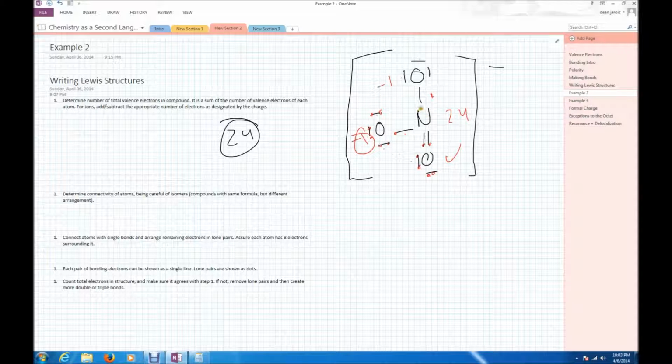The nitrogen has a formal charge of +1 because we got 1, 2, 3, 4, no lone pairs. So these charges cancel out, and we're left with the formal charge of -1 and net charge of -1. So that is the Lewis structure for the nitrate ion.